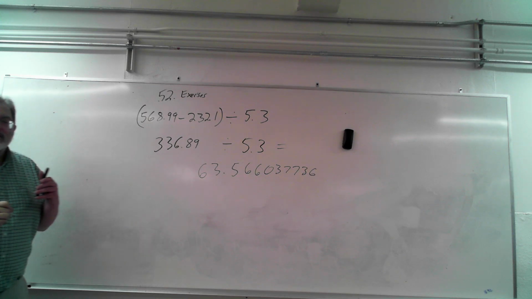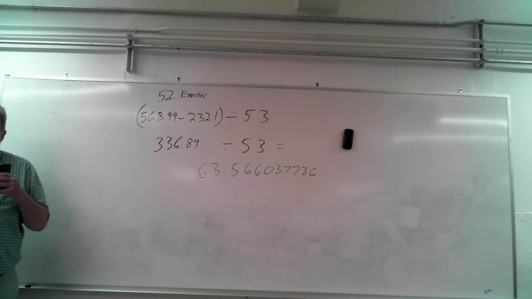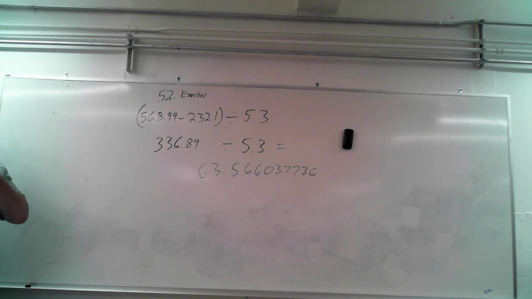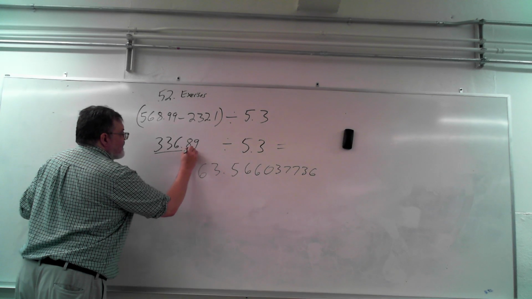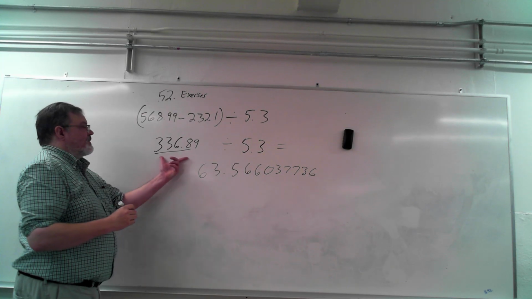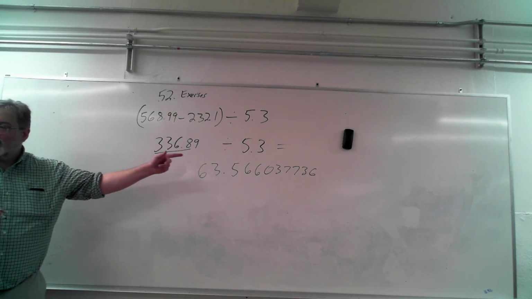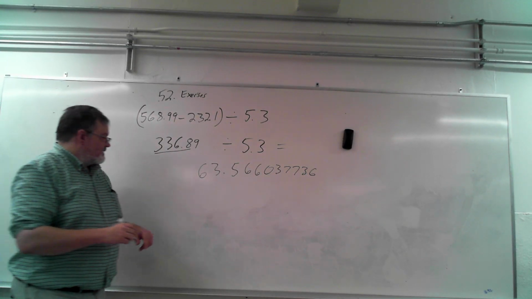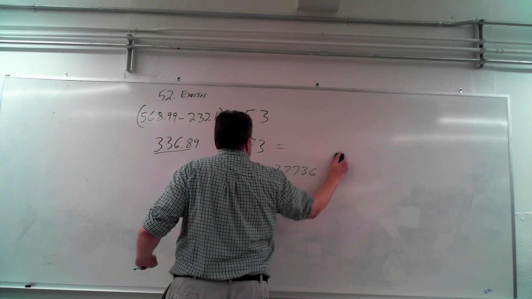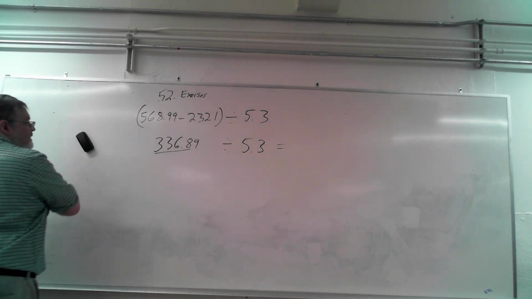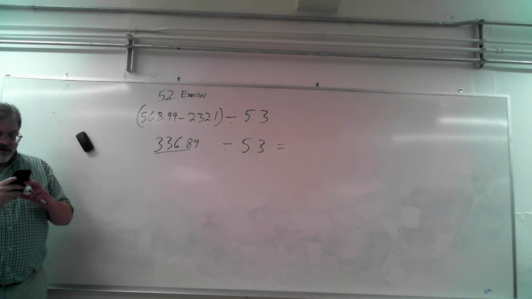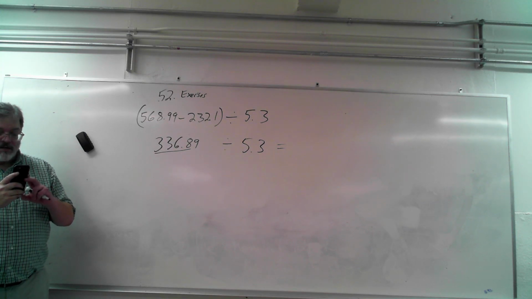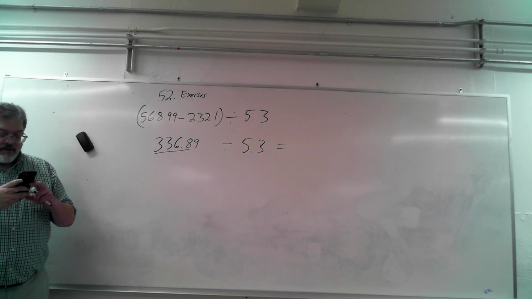When I asked y'all if that's okay, and y'all said yes, or is it because you were following the correct rules and I wasn't? Yeah, what we should have done is underline that to remind us that those are the significant figures, but we should have kept that extra digit. So I already messed up. So now, I'm going to do the division with that extra 9 up there. 336.89 divided by 5.3.